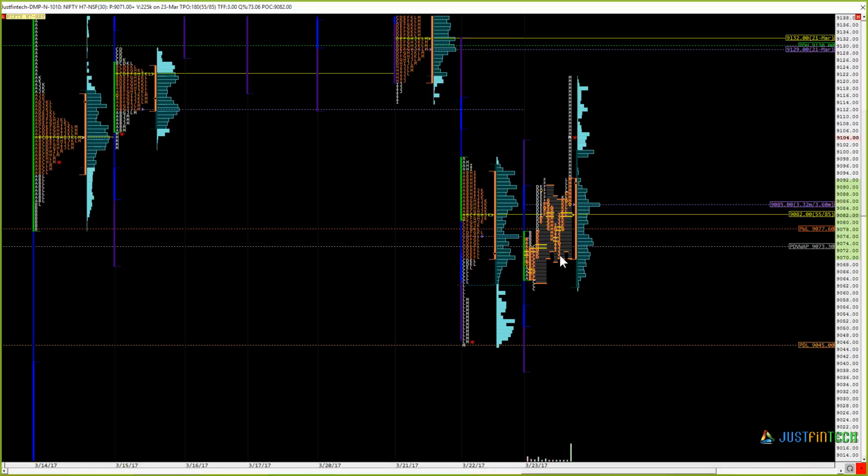We get a pullback low, and again the same thing, that when we are getting a pullback low in the afternoon session, there is a higher chance of a rally. If we are getting a pullback high at this time, there is a higher chance of a fall. Here we have got a pullback low.